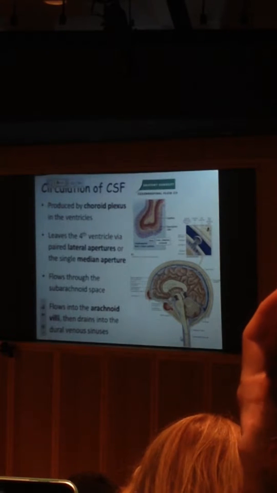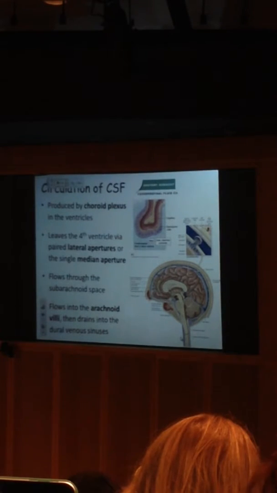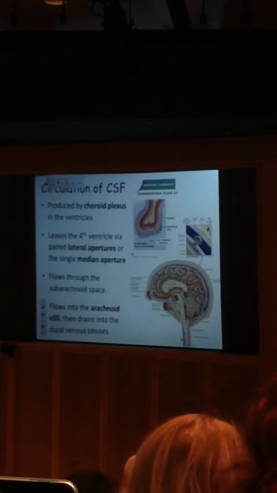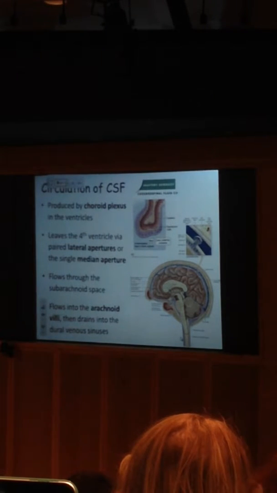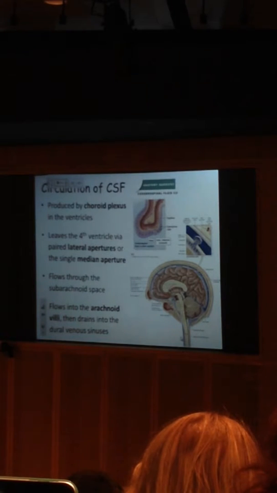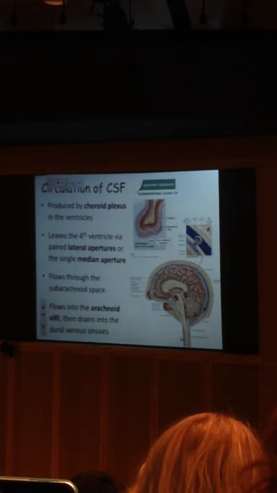So you have 4 ventricles. There are 3 choroid plexuses, and 2 of them are in the floor of your lateral ventricles. Okay, the other is in the roof of the third ventricle.